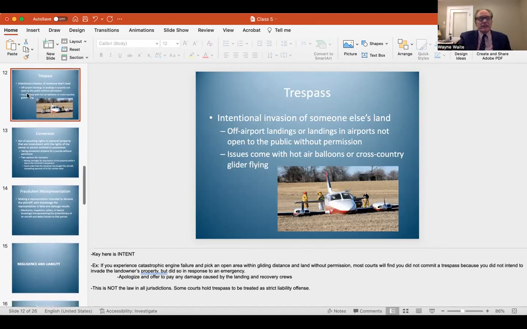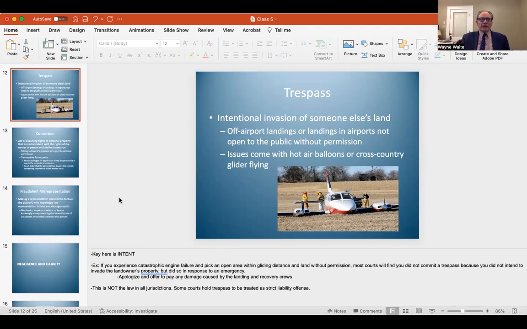And the key here is intent. If you experience a catastrophic engine failure and you pick an open area within gliding distance and land, of course, it's going to be a landing without permission. Most courts will find that you didn't commit trespass because you didn't intentionally invade the landowner's property, but did so in response to an emergency.